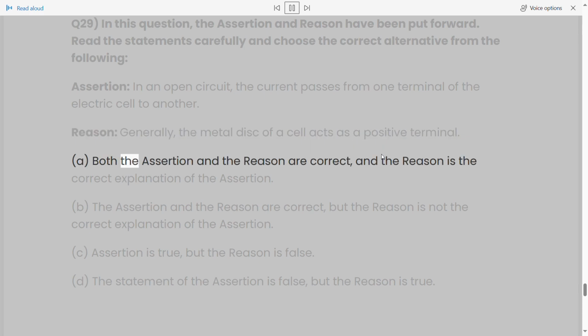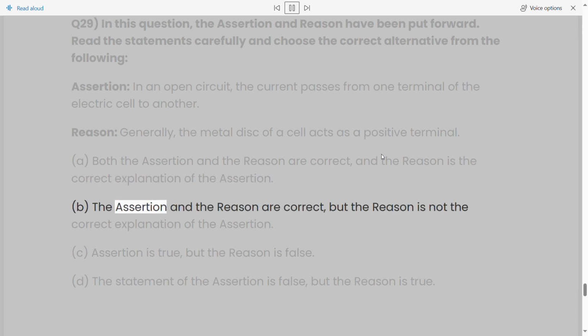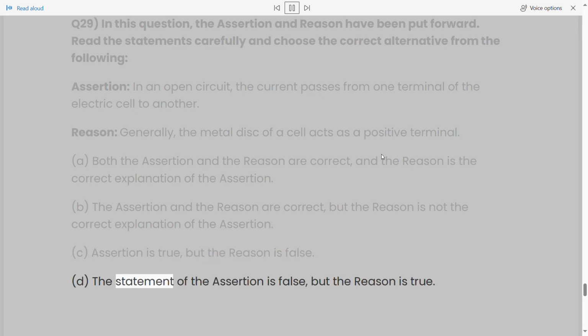A. Both the assertion and the reason are correct, and the reason is the correct explanation of the assertion. B. The assertion and the reason are correct, but the reason is not the correct explanation of the assertion. C. Assertion is true, but the reason is false. D. The statement of the assertion is false, but the reason is true. Correct answer option D.